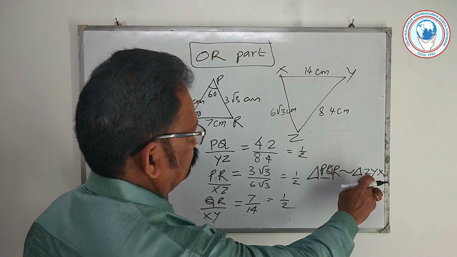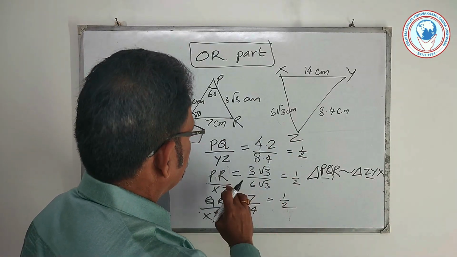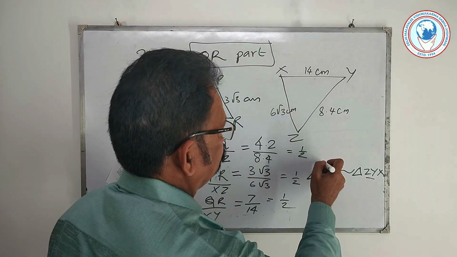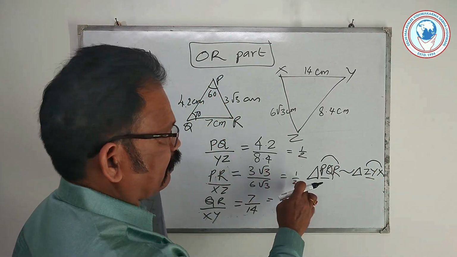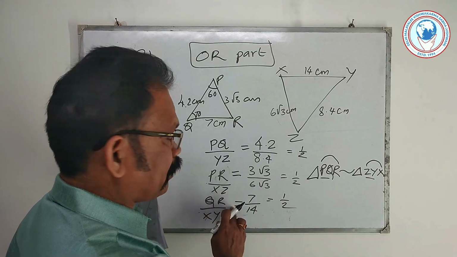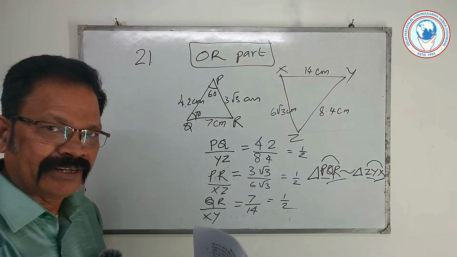Here PQ is proportional to ZY, that is 1 by 2. Then PR by XZ, PR and XZ, their ratio is 1 by 2. Last, QR and XY. So we take in the same way.